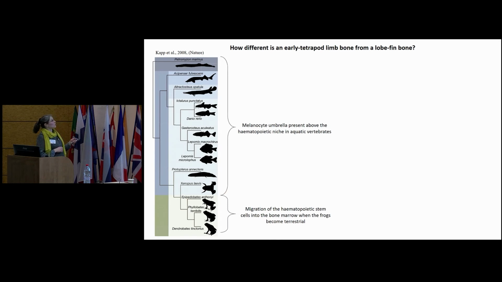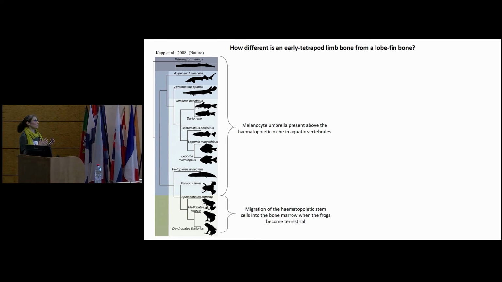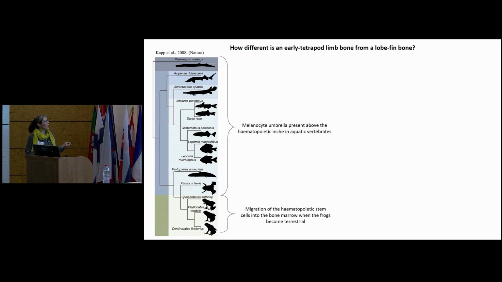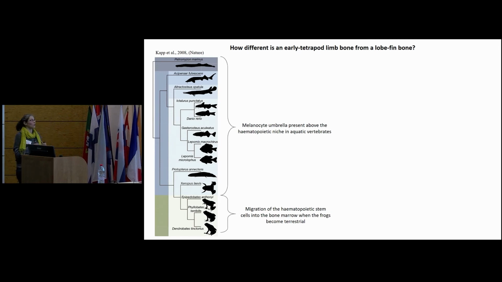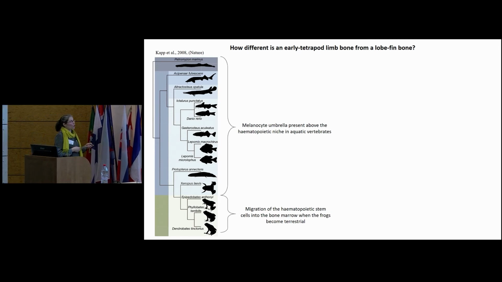And in 2008, Kapp et al. in Nature proposed a hypothesis. They investigated the marrow production, the blood cell production from the marrow in aquatic vertebrates, going from jawless vertebrates up to tetrapods. And they found out that the melanocytes, you know, these dark cells which protect the skin, were forming a cover present on the top of the places where you had the production of blood cells, so the hematopoietic niches.